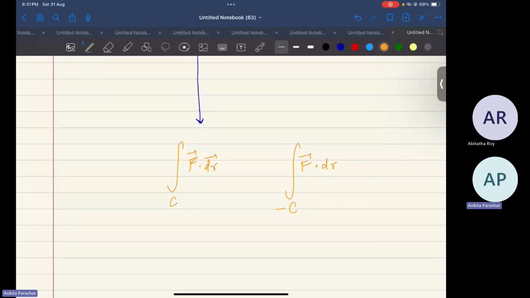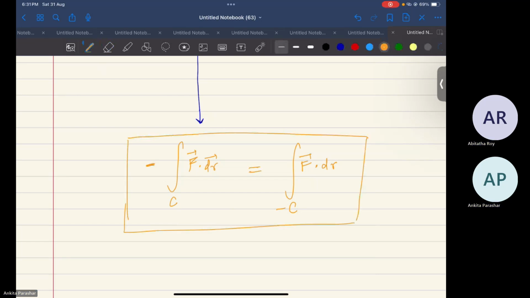No, how? I'm asking. Yes, f dot dr along the curve minus C would be the negative of f dot dr along the curve C. Exactly. So this is what we finally said.